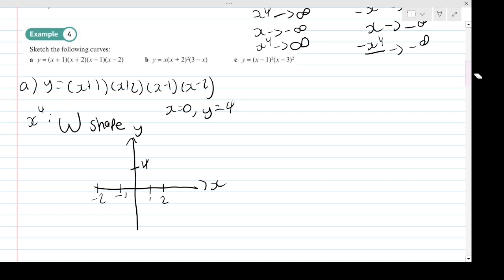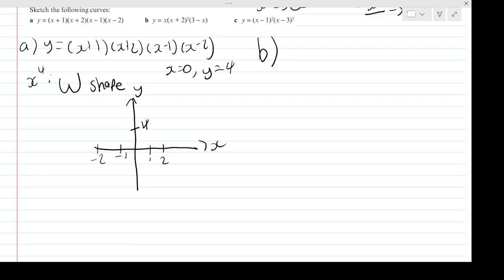There's no squared, there's no cubes going on. It's just all singular. That means it's simply just going to cross through all the points, okay? So therefore our quartic with this shape in mind is going to look a bit like this.